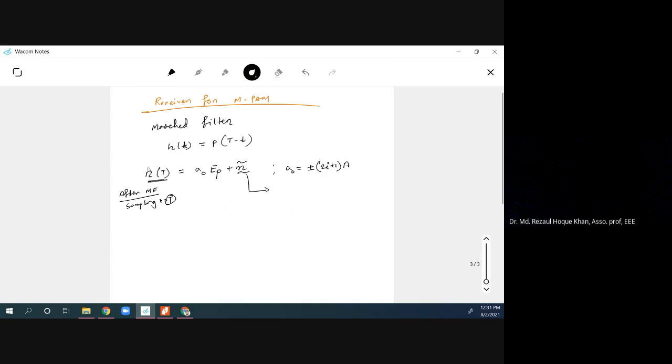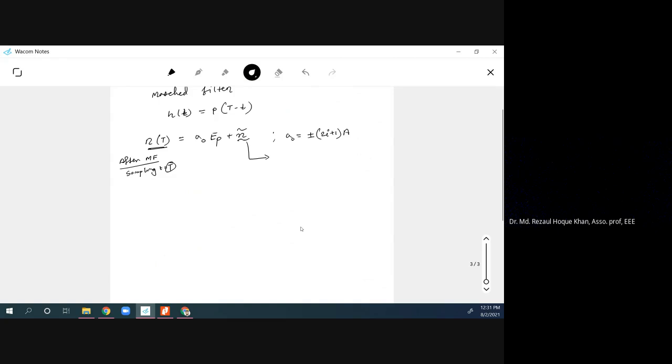And n tilde is nothing but Gaussian noise. We discussed the characteristics of n: it has mean 0 and variance N0 by 2 Ep, and Ep is 1, so N0 by 2.